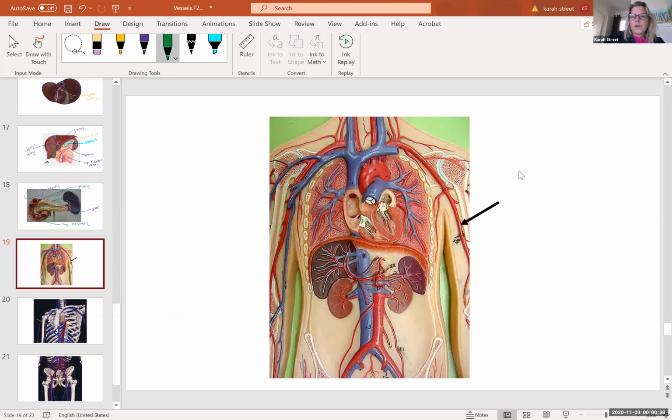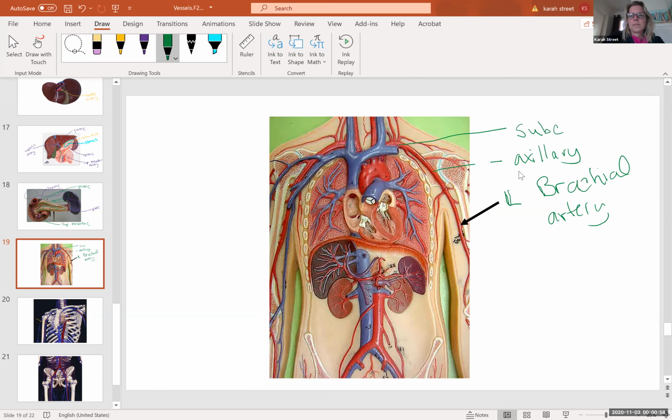Okay, this arrow is showing you the left brachial artery. And up here would be axillary. And this, of course, would be subclavian. It's all on the left side. This would be the right side. We can see gonadal, inferior mesenteric.